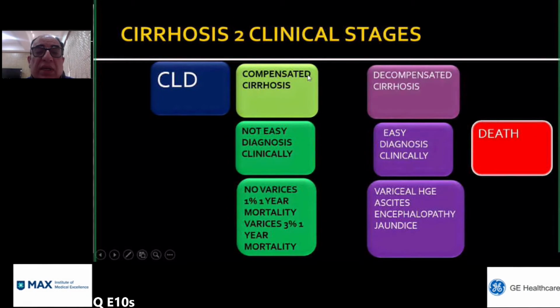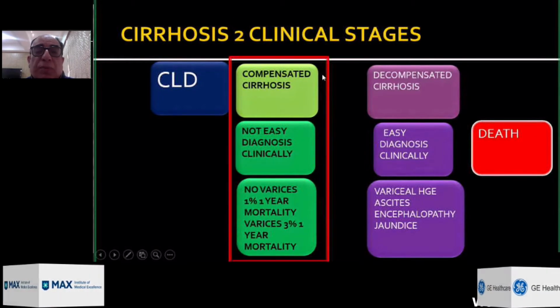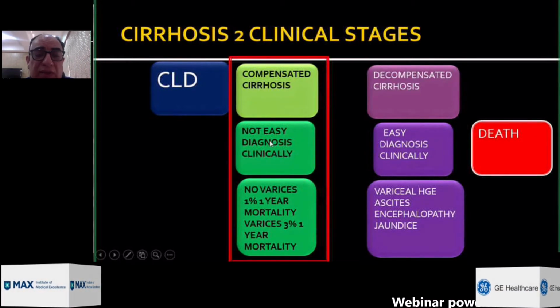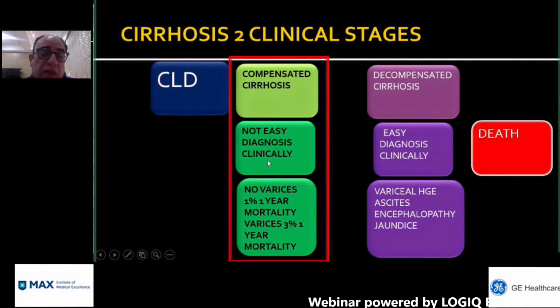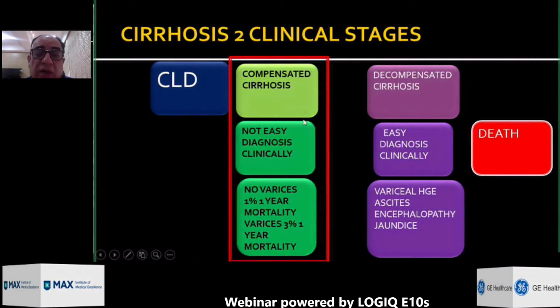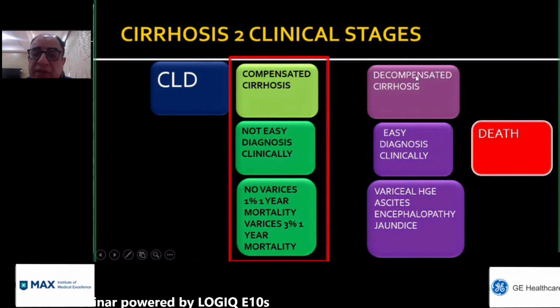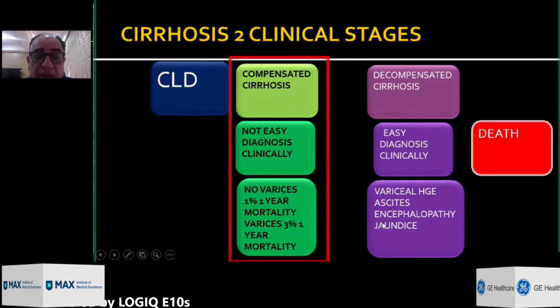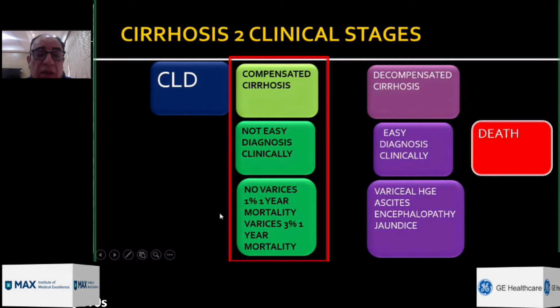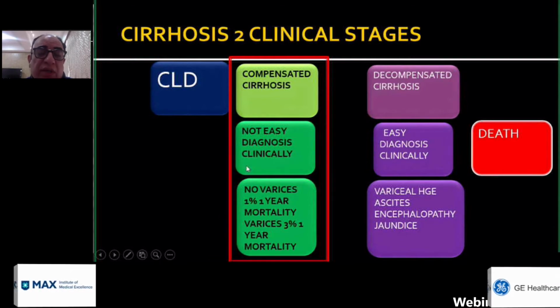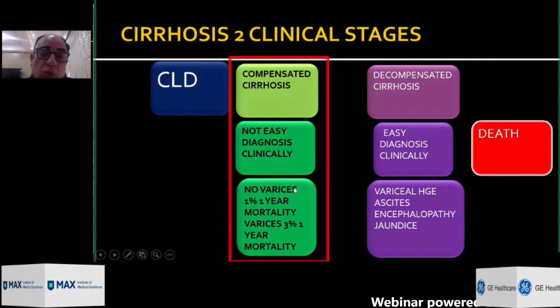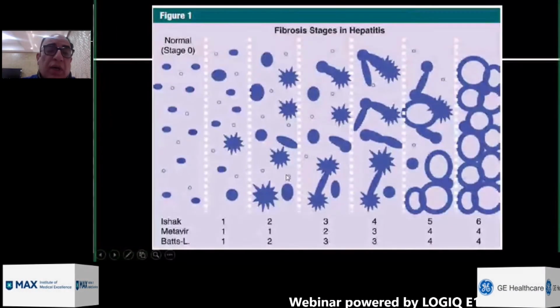Basically, we are interested in this subgroup of compensated cirrhosis where clinical diagnosis is not easy. We need to follow and evaluate these patients and keep them on close follow-up, versus decompensated cirrhosis, which is an easy clinical diagnosis. Here you may have a smaller risk of mortality if we don't know what's happening, and that's where we really come in.